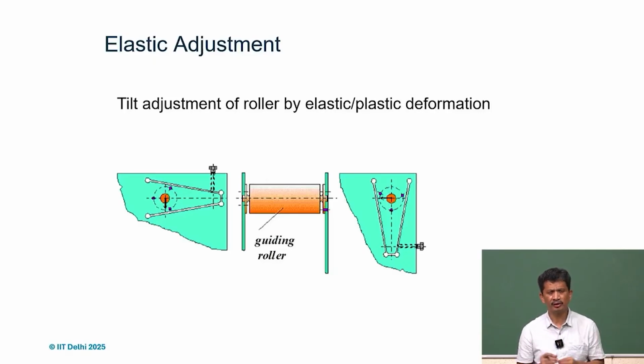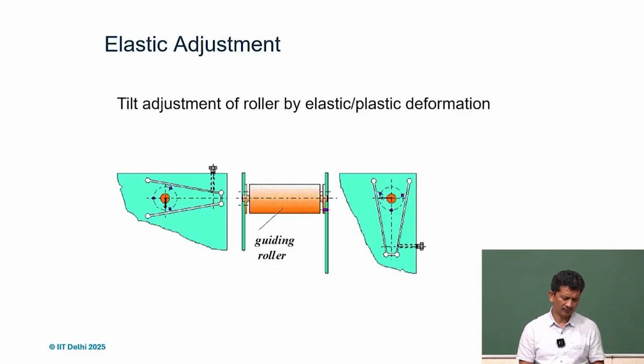With very thin sheets, we know that if there is a slight misalignment, things will start going to one side, or there will be warping and things can go haywire. So we need a very good adjustment, and we have to maintain that parallelism.